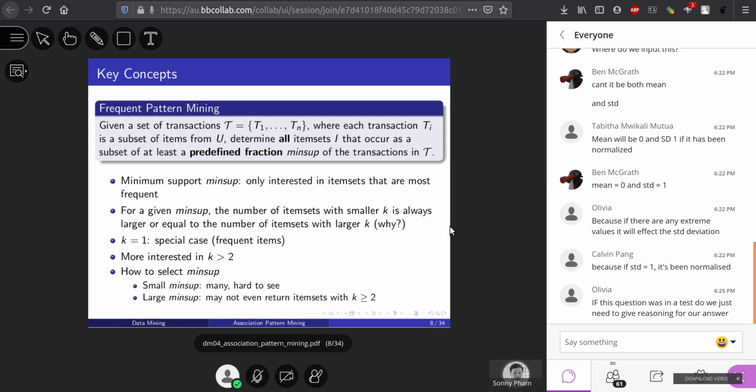But if you select a value that is too large, it might not return any item sets at all. So what is the optimal one? It will depend on each particular application, but something not too small and not too large is the way to go.